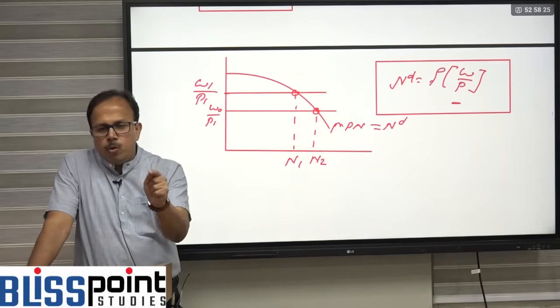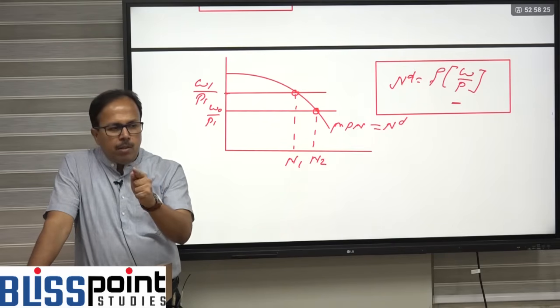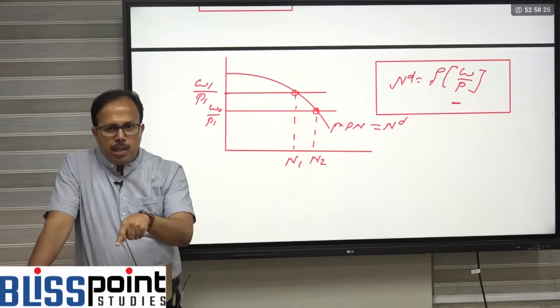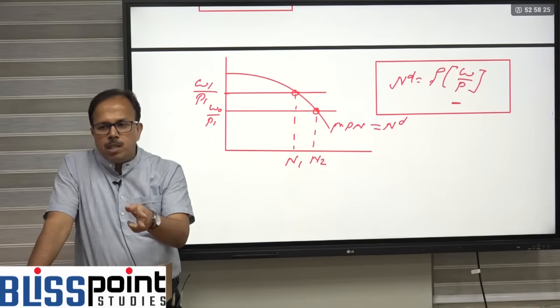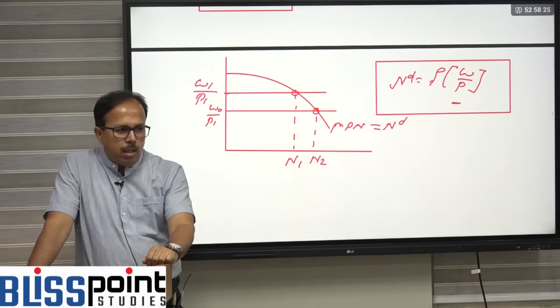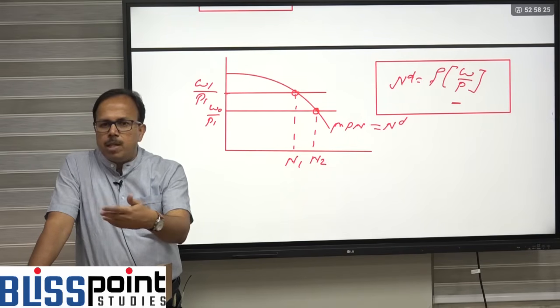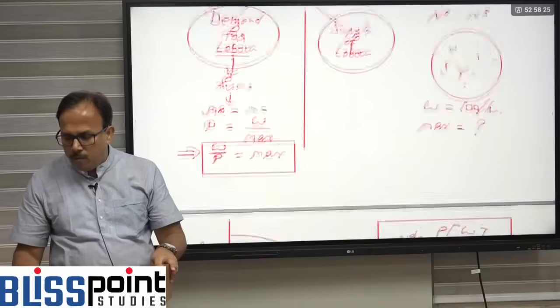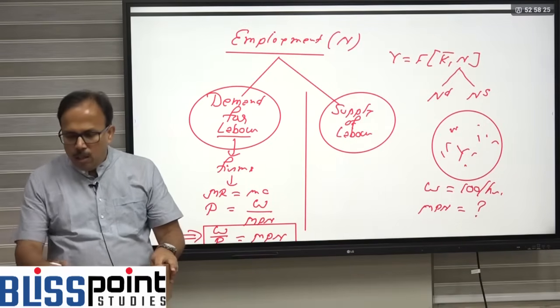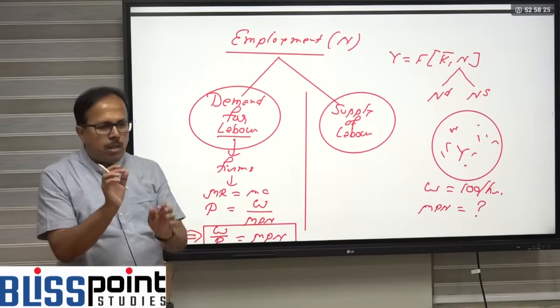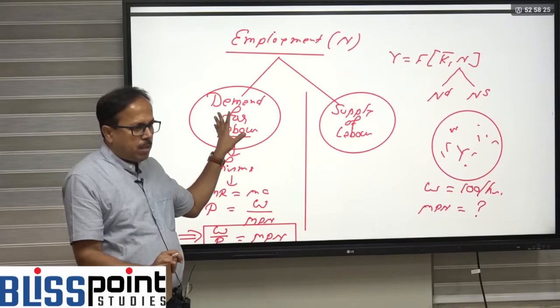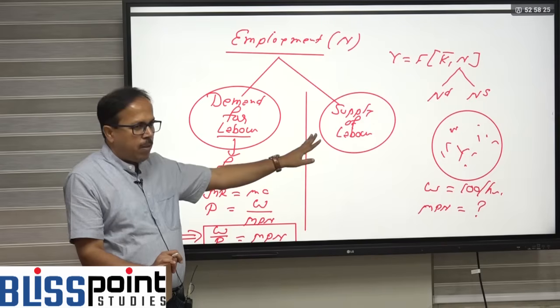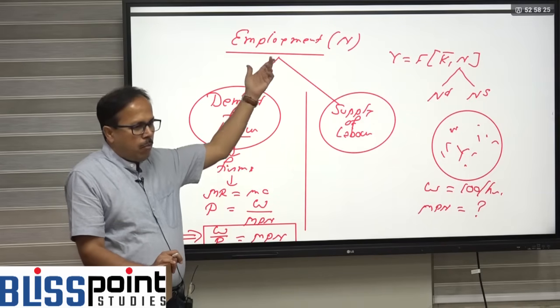So first we have to draw the labor demand line, then I will draw the labor supply line, then the equality of demand and supply will determine the employment, and once we determine employment, then we determine the output from the production function. तो ये अलग अलग tool है. In your notebook, write first the demand for labor section, then we go for the supply, then we will determine the employment.